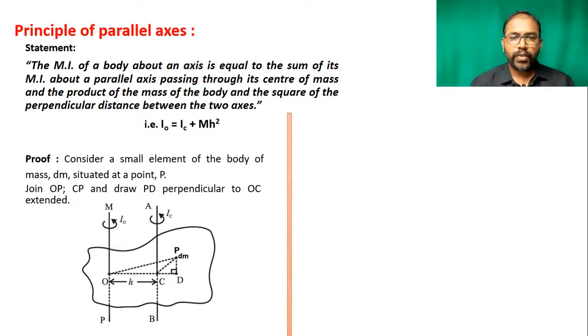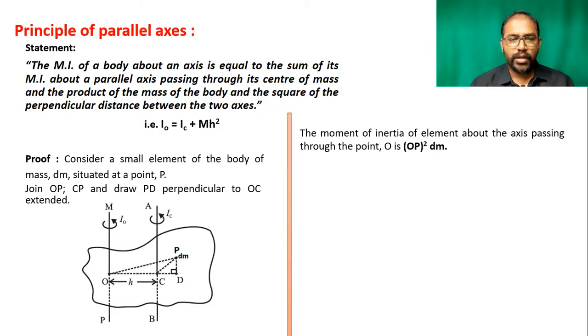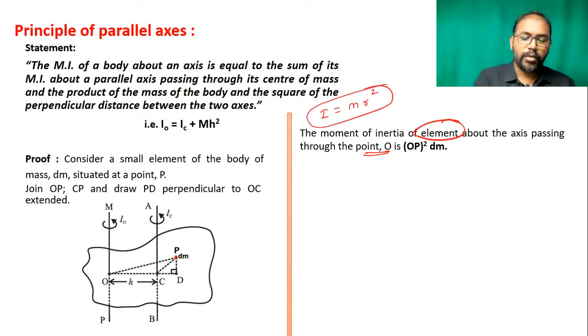Now here we have to use the moment of inertia formula. I am writing the moment of inertia of the element about the axis passing through point O. The moment of inertia formula we know: I is equal to summation mi ri square. If I am talking about a single particle, then mass into distance square is the moment of inertia.